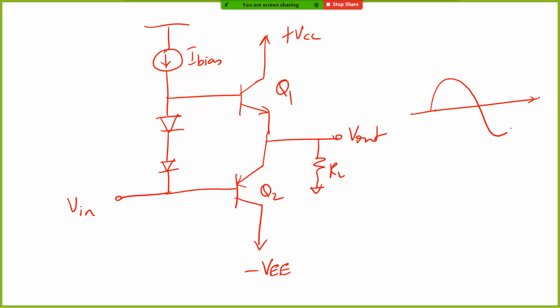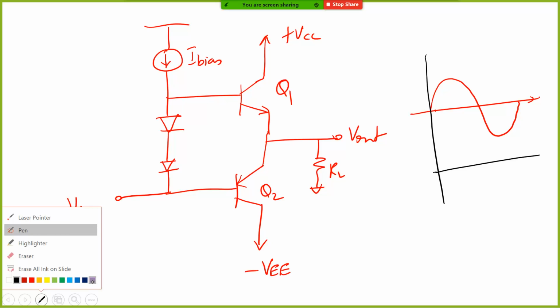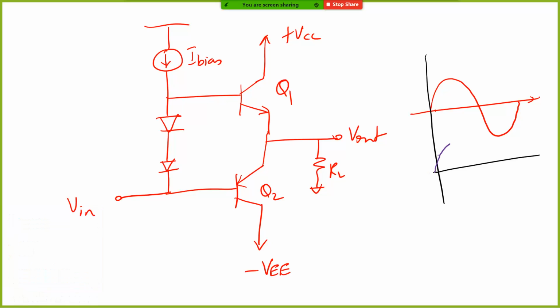If this is your input signal, Q1 is going to conduct for a little more than 180 degrees. This is how it is going to look.